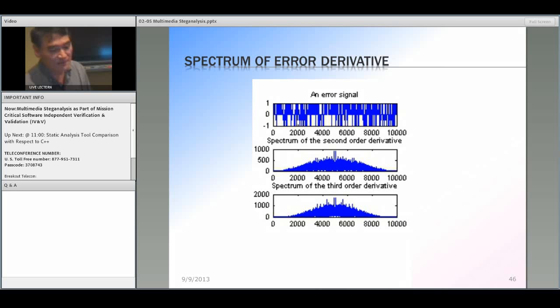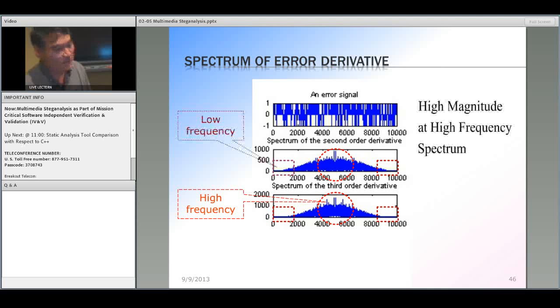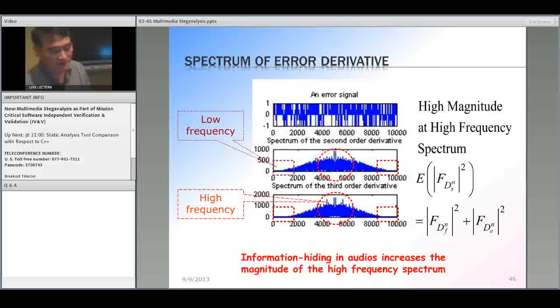The spectrum of the error derivative, again, if you blow it up in this section, you see in the high frequency range it becomes more evident. It has deviated from what you would normally expect. So take the second order derivative and look at the high frequency spectra.